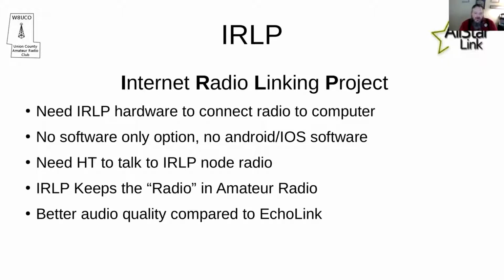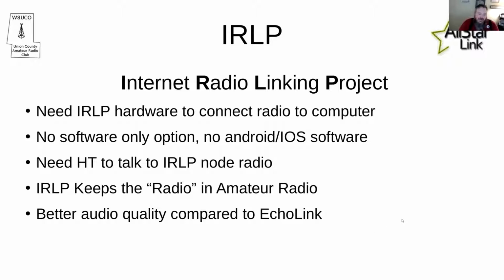To use it, you need to have a radio connected to a computer using the IRLP hardware board running the IRLP software, and then another radio to talk through that radio that's connected to the repeater, which a lot of times if you're doing a simplex node can be an HT, or it could also be a repeater. And of course, Echolink, you can also connect up to a radio or repeater.